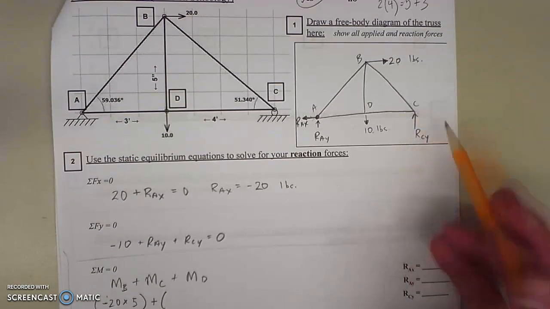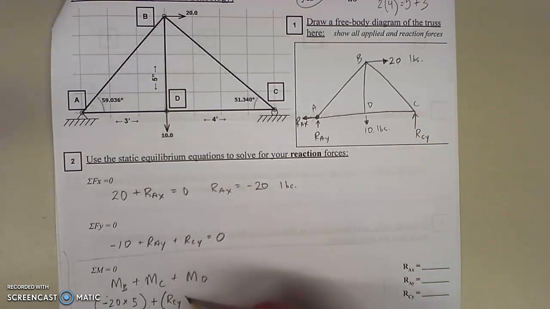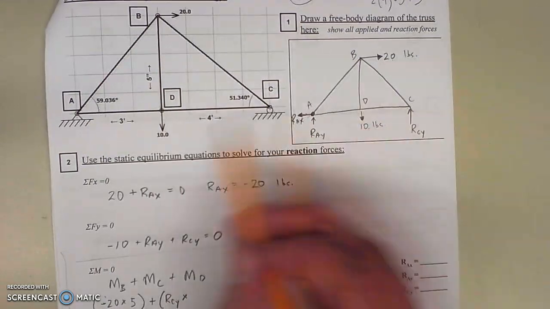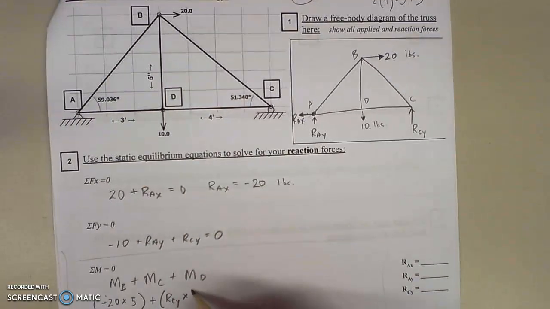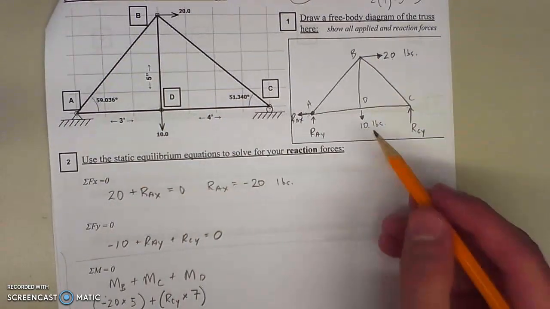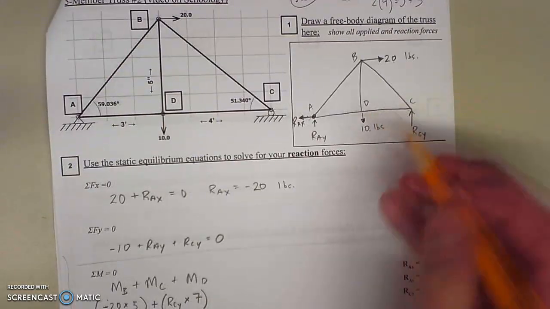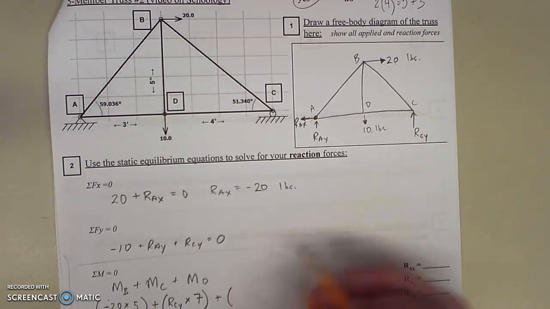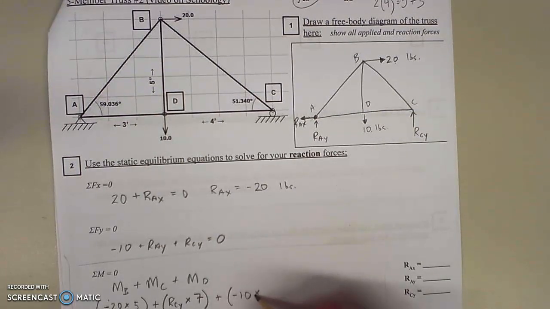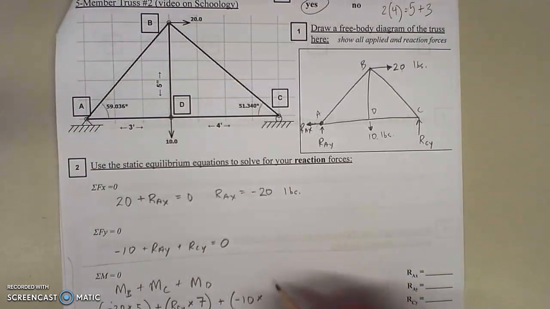At moment C, I'm going to have RCY times a perpendicular distance of 3 plus 4, which is 7. And here, that's also going to cause a negative moment, clockwise rotation, 10 pounds, negative 10, times this perpendicular distance of 3.